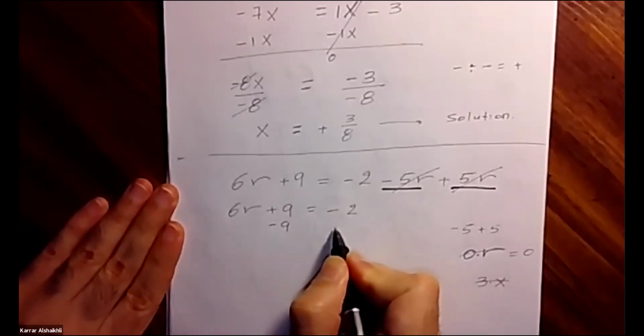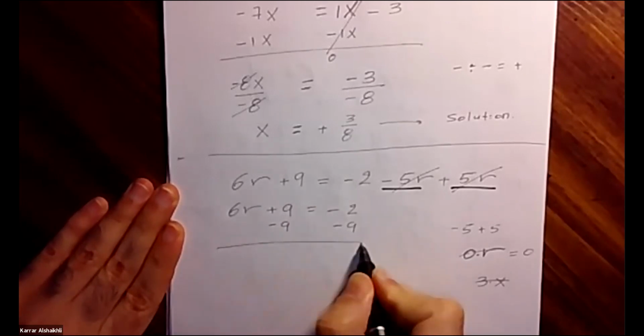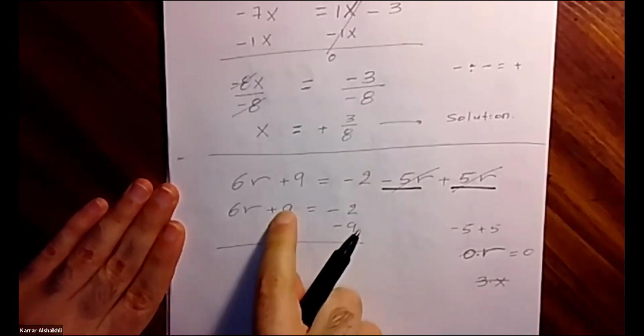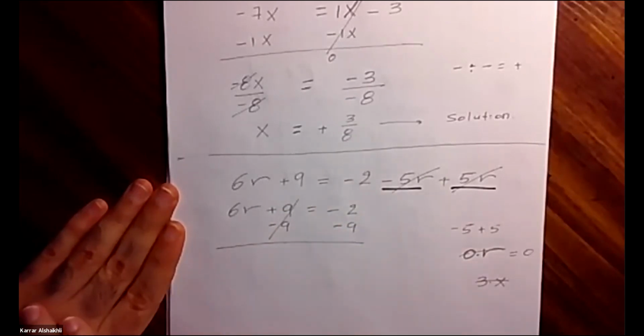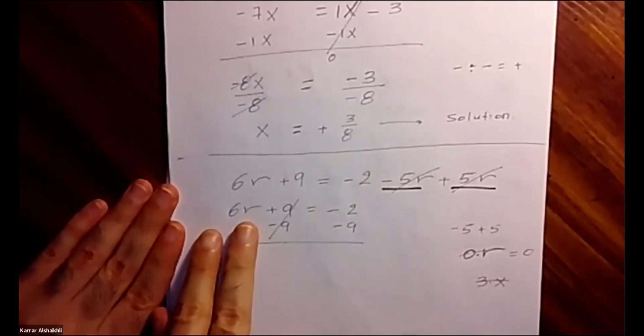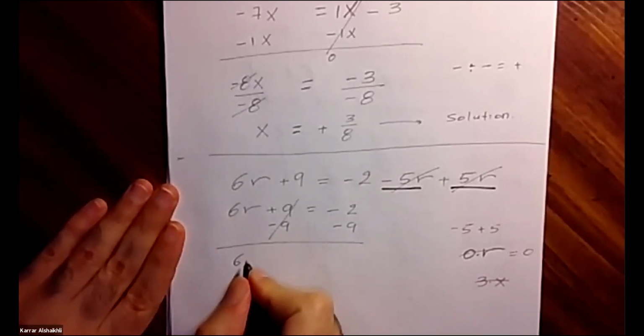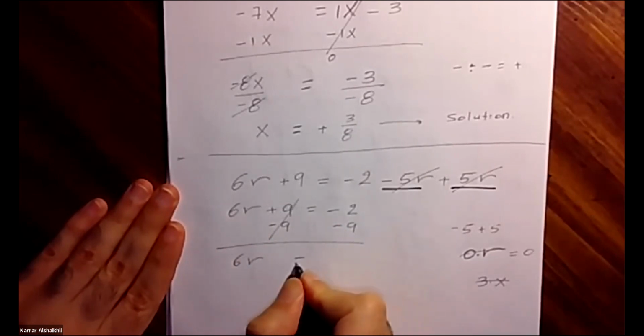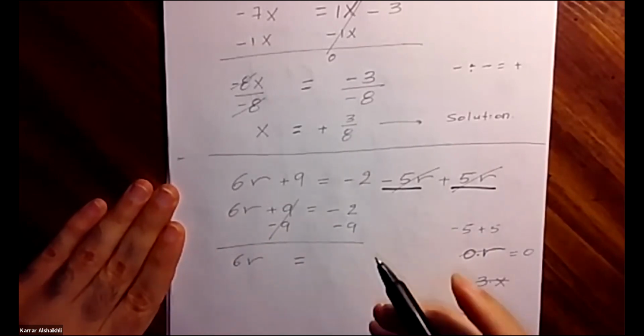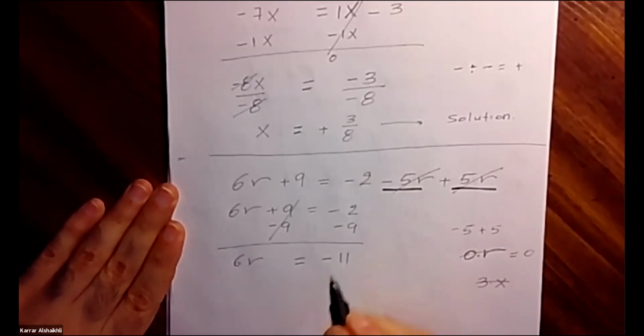What's the next step? Which one am I going to move? Cancel the 9. You're going to move the 9 to the other side by minus 9. 9 minus 9 is going to be 0. The leftover from this side is 6R equals negative 2 minus 9, which is going to be negative 11.